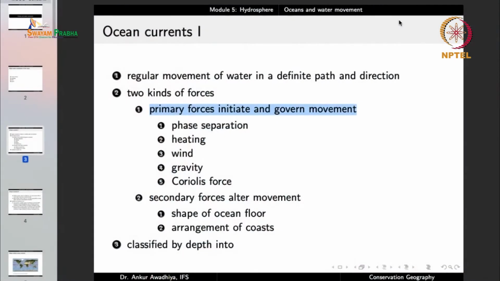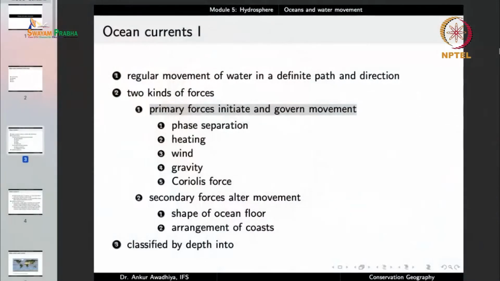Now if we consider the polar areas where this process is going on, where the water is very cold and it is freezing and it is giving out the salts, so that the resultant water is very high in salt concentration and is very cold, where will this water go? Well, this water is the densest water that we have, and so this water will move down.